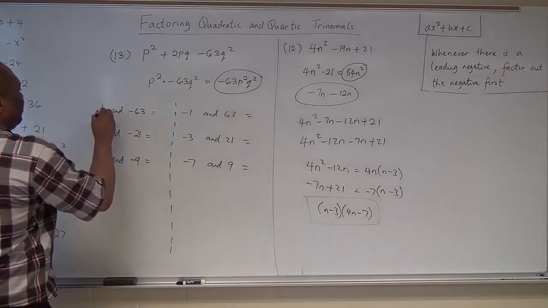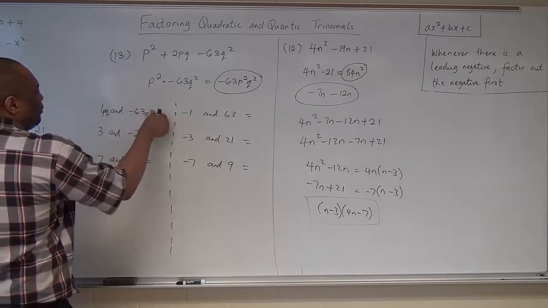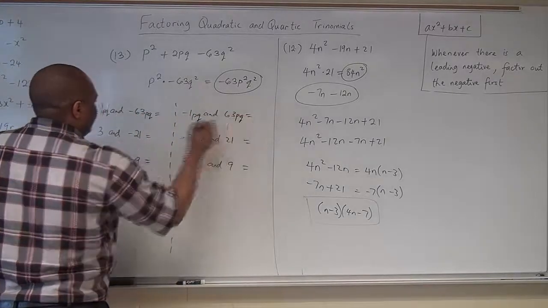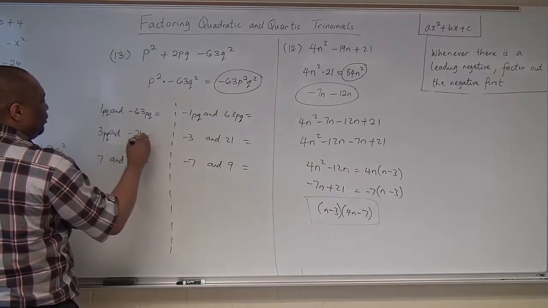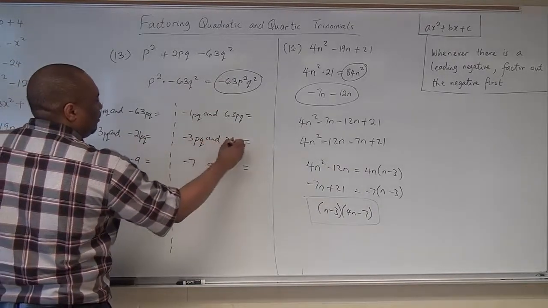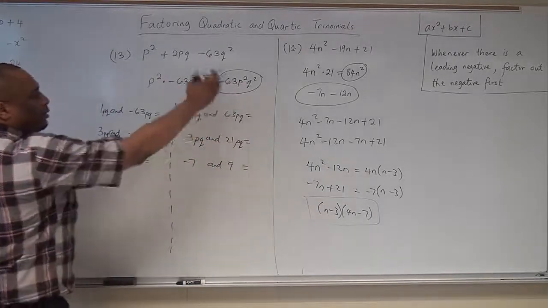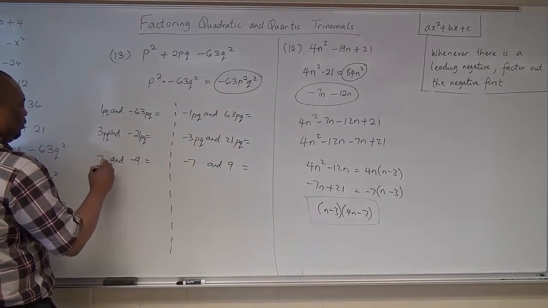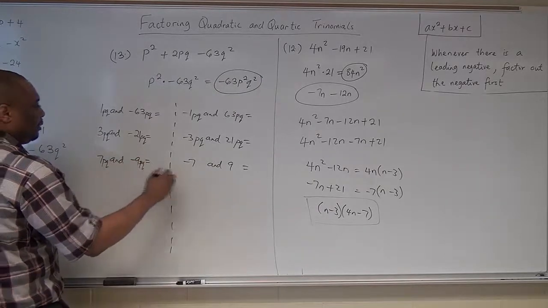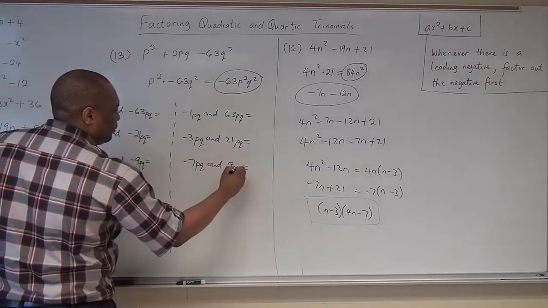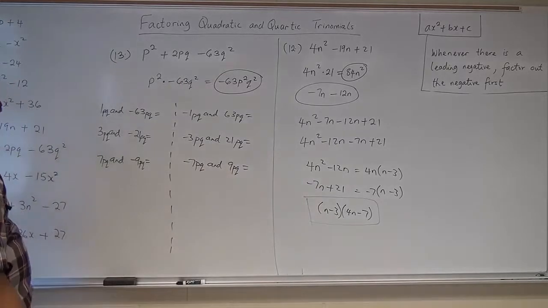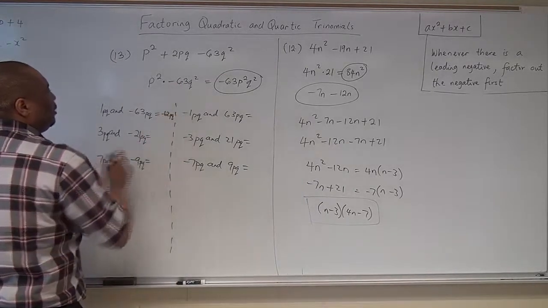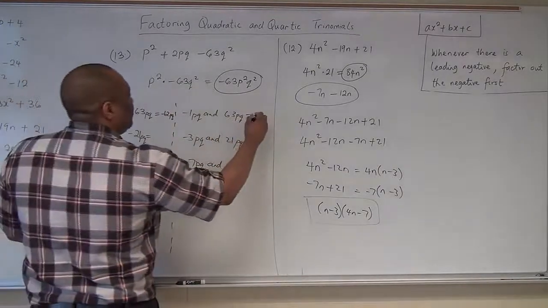Now we just put pq here, pq, pq, because if you multiply them, it gives you p squared q squared. So 1 minus 63 is minus 62 pq. Negative 1 plus 63 is 62 pq.